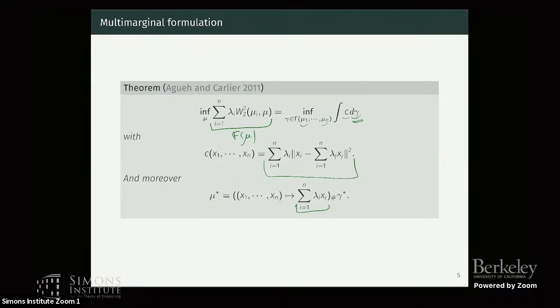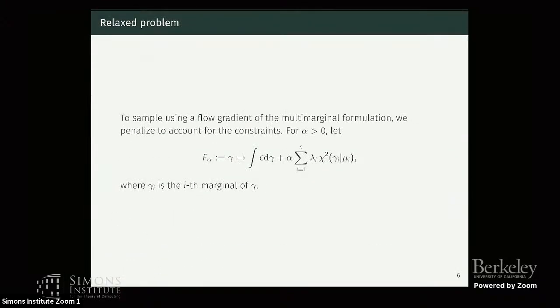The naive thing that we wanted to do here is, well, we have another formulation, which is simpler, and we want to look at a Wasserstein gradient descent of this second, multi-marginal problem. However, here we have a constraint on the marginals. So to make our life simpler, we just added a penalization on the marginals, and we arrive at this formulation of the problem, which is not exactly our original one.